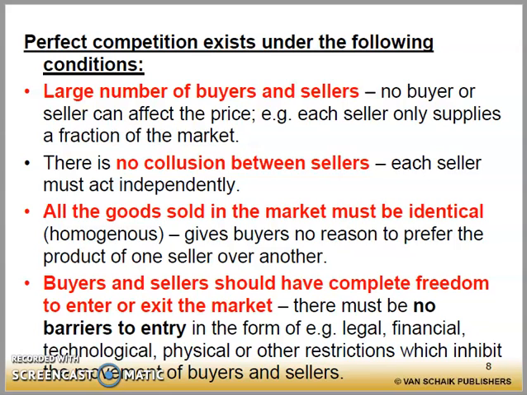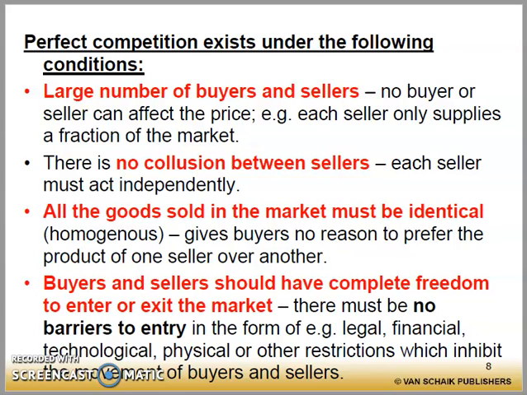All of these conditions were already outlined in the initial summary we had of the conditions of market structures in the first video. The second requirement is that there must be no collusion between the sellers. This suggests that each seller must act independently without influence or colluding with other sellers.